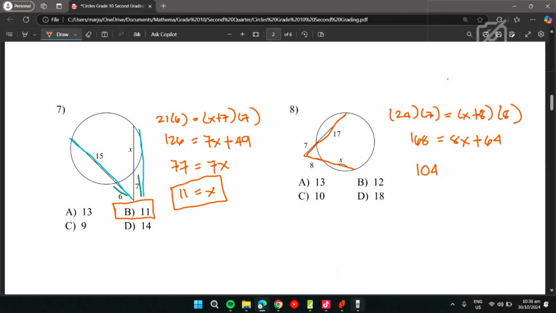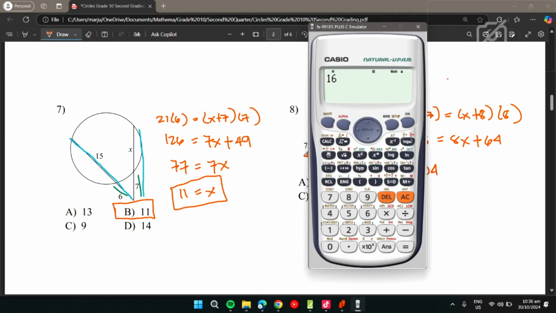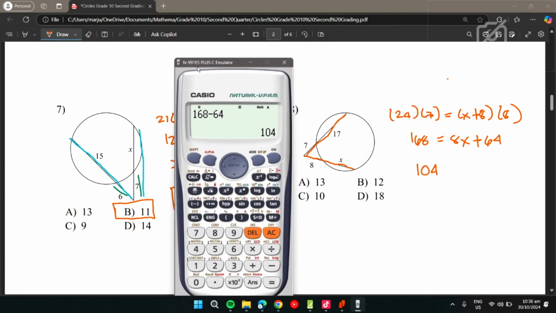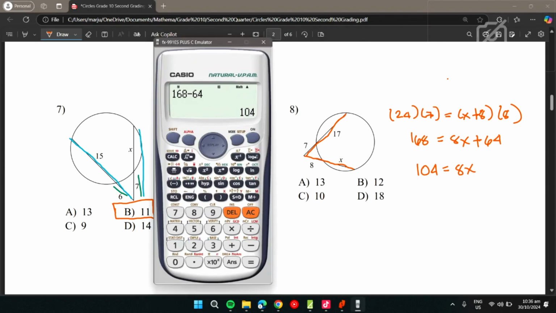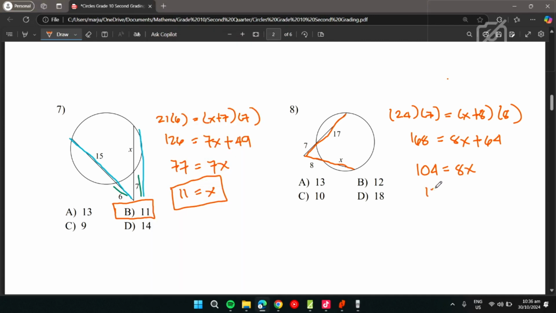That's 168 minus 64, which is 104. So 104 is equal to 8x. Then we divide everything by 8. 104 divided by 8 is 13. So 13 equals x. What letter is that? That is letter A.